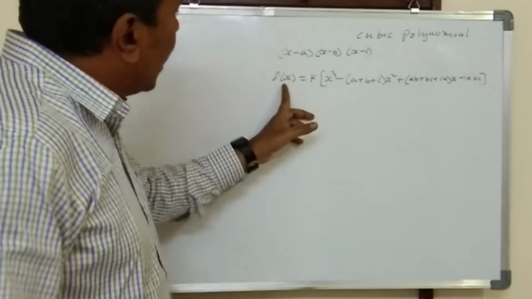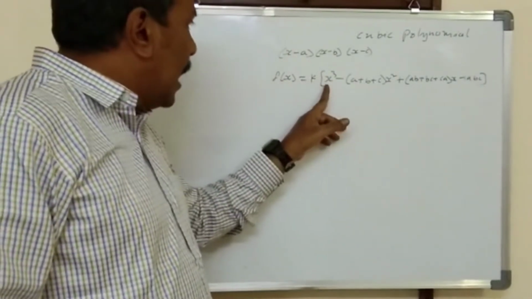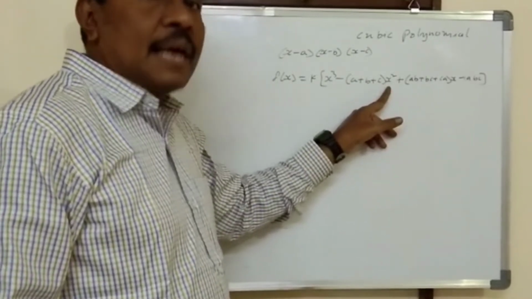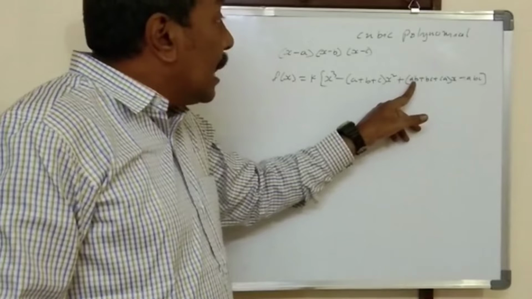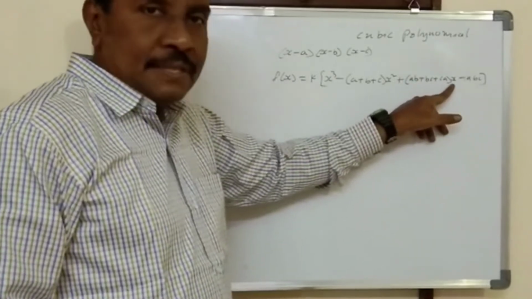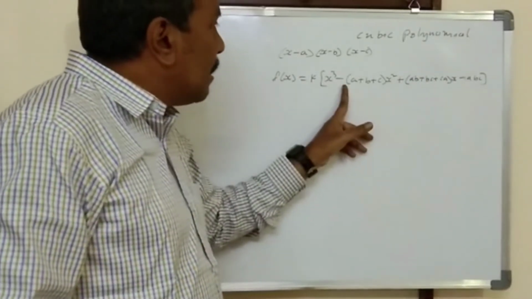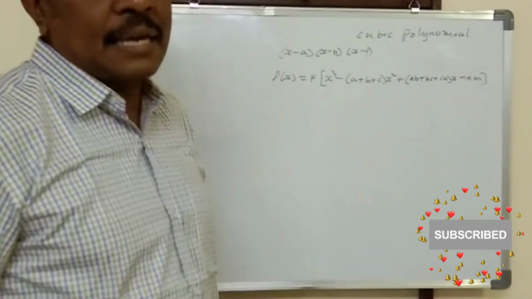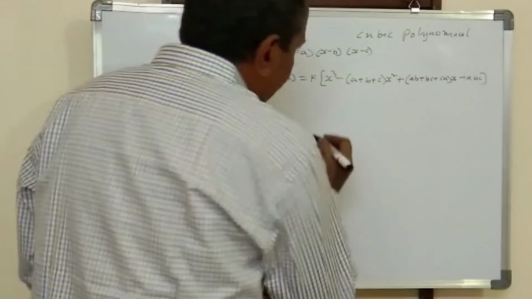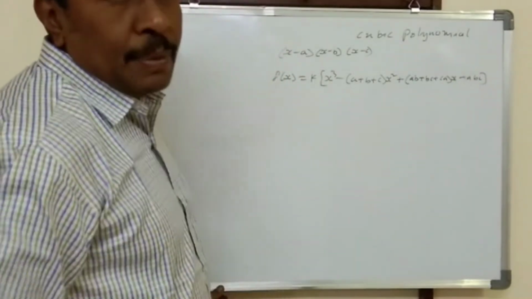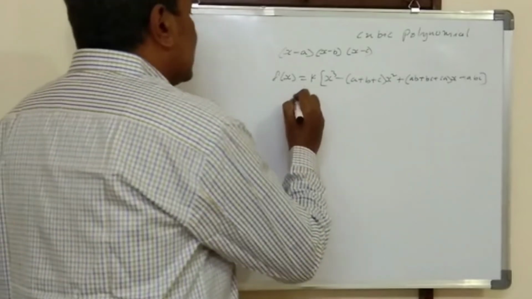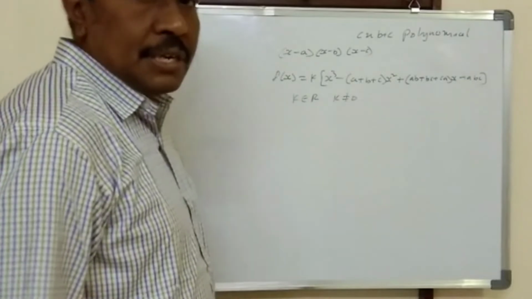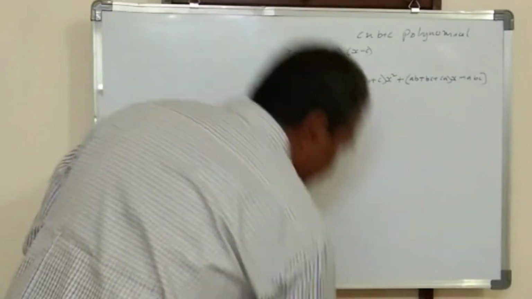The signs alternate: plus, minus, plus, minus. This is the structure of the cubic polynomial. As usual, k belongs to the real numbers and k is not equal to 0, the condition already applied.